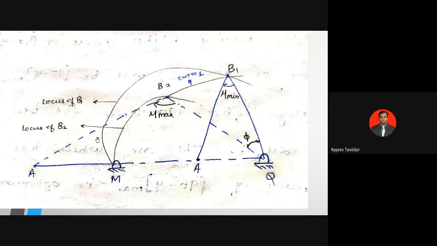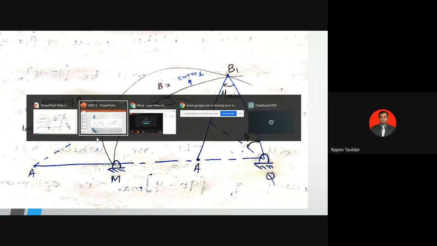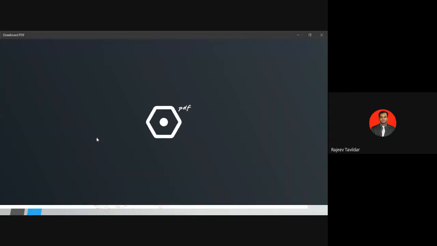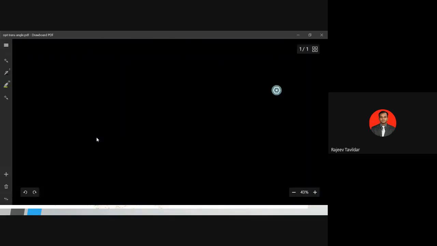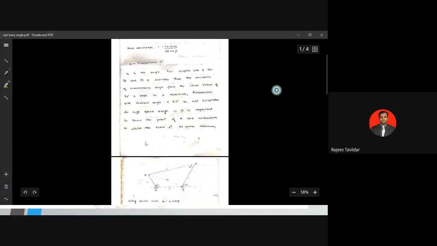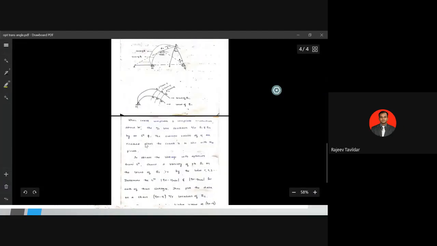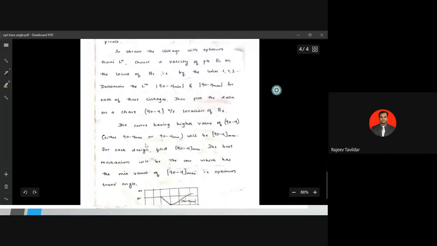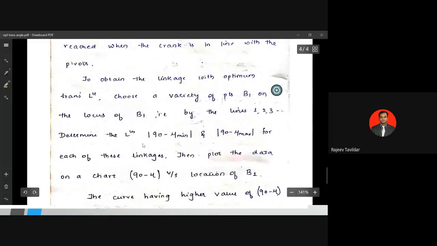Now what we are supposed to do with this diagram, just let me open another file over here. It is a little bit confusing, but we'll get it clear by the end of this class. Don't worry about that.